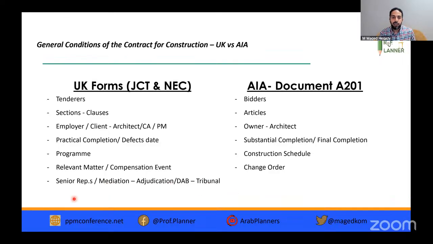In FIDIC we have, after the engineer's determination, the amicable settlement and arbitration. In AIA, we have initial decision, mediation, and arbitration. And here they follow the AAA for the arbitration under this form.